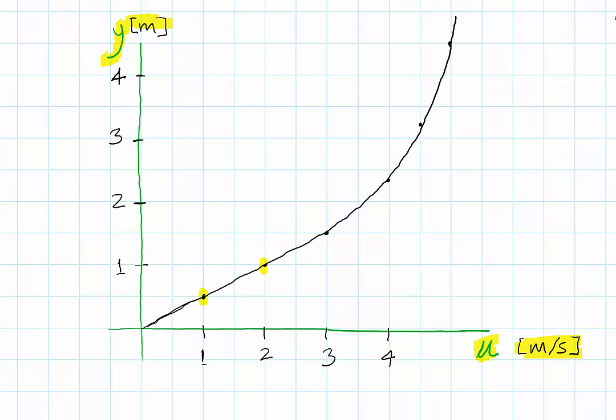Then the slope of this segment, du/dy, at this location between 1 and 2, is equal to the change in u, which is 1, divided by the change in y, which is 0.5, which is equal to 2, and the units are meters per second divided by meter, so it's per second.